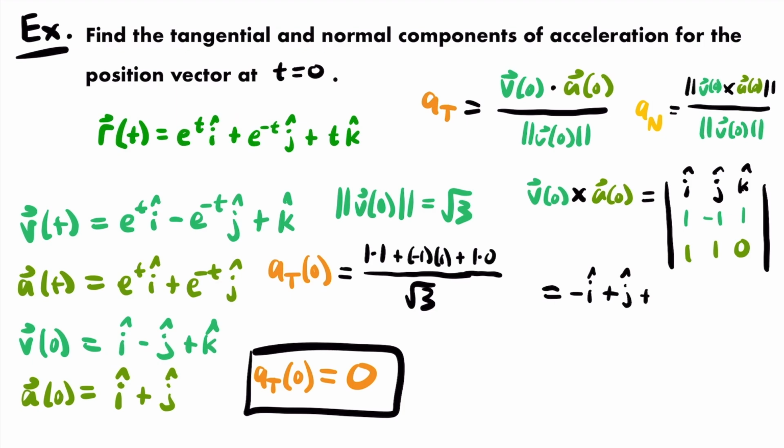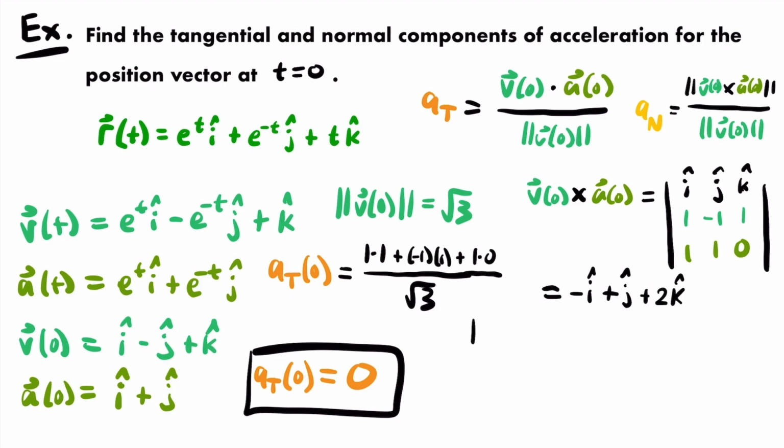And then plus the z component, or the k term, cover up the k column, 1 times 1 is 1, minus -1 times 1, so we have 1 minus -1 times k. But those two negatives would cancel out, so really we have 1 plus 1, which is 2. And so I'll just erase this and rewrite it as 2k.